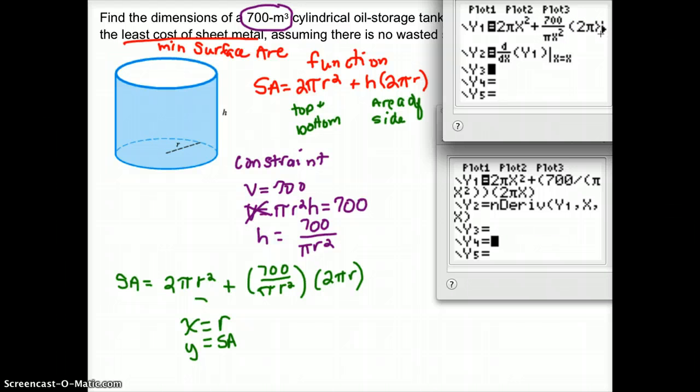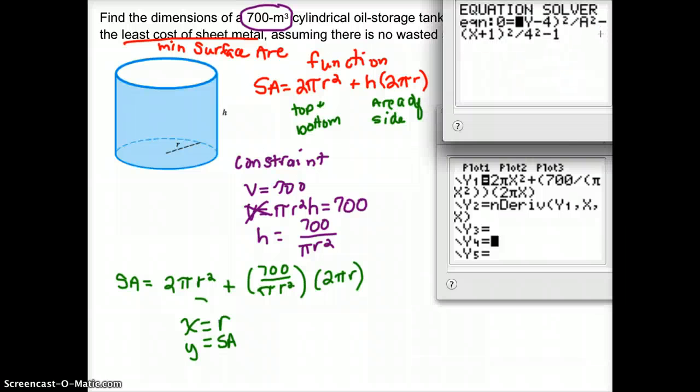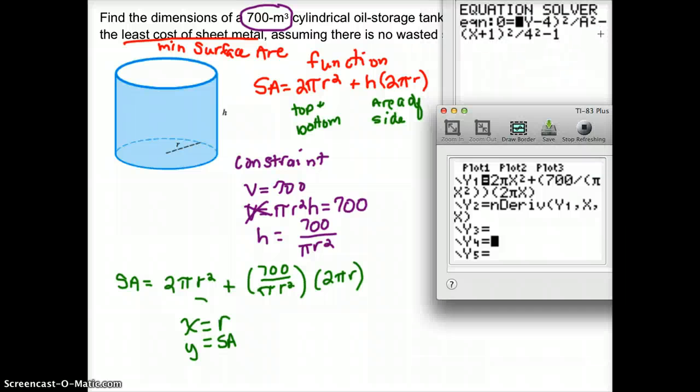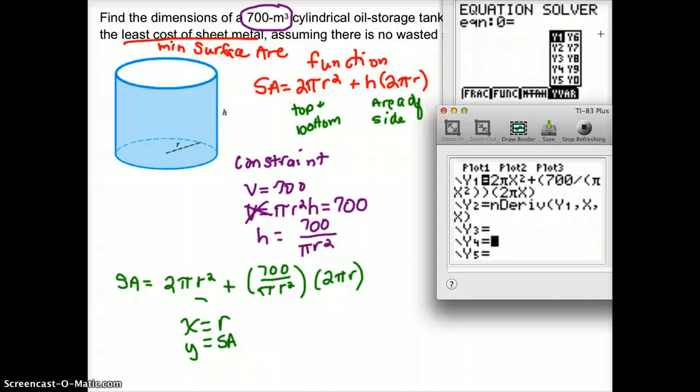Okay, so now let's go into the math menu and over to the solver. What I need to do on the 84 is, remember, we're looking for where the derivative is 0, so I'm on my 84, alpha F4, and we put the derivative in y2.